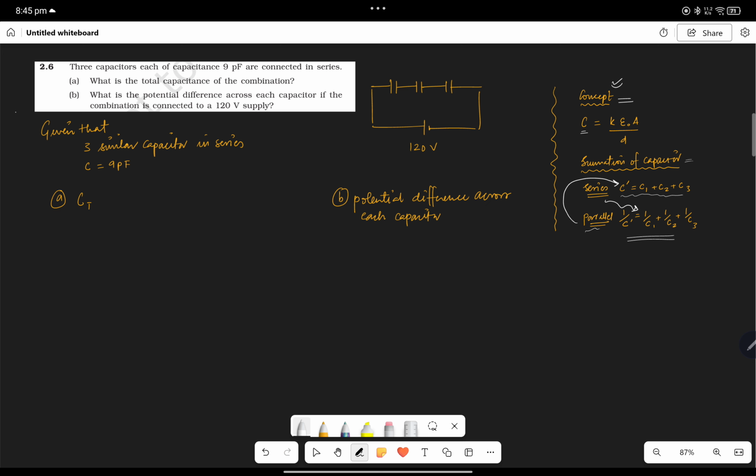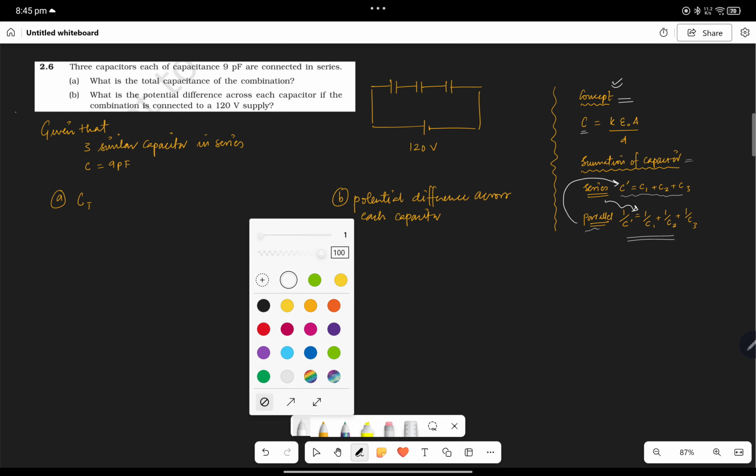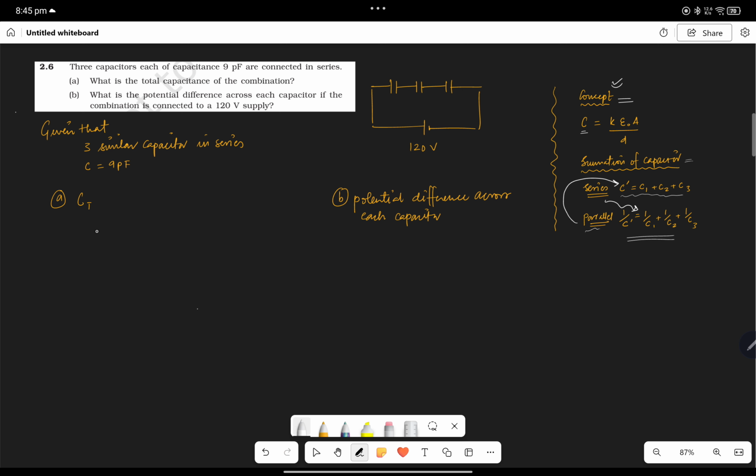Okay, so now we are going to apply the concept. We are going to find out C total. That is going to be 1 by C total is equal to 1 by C plus 1 by C plus 1 by C here, right?